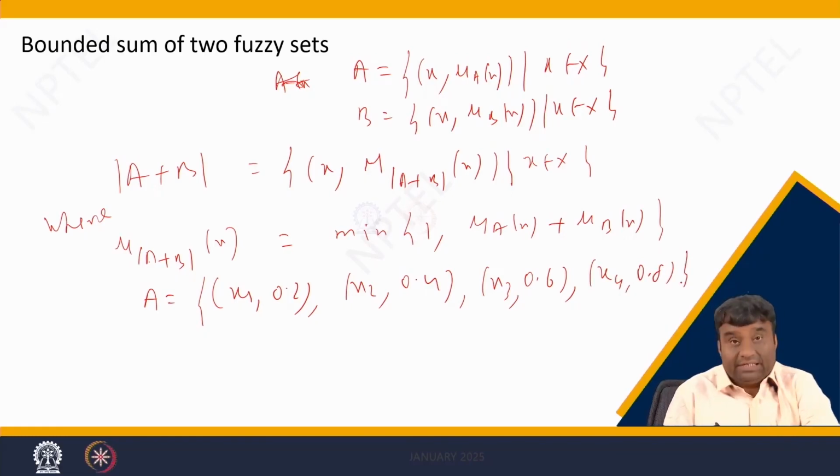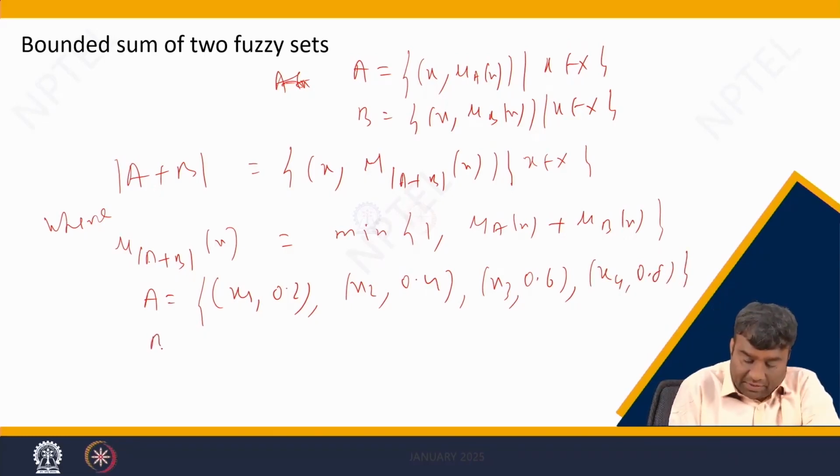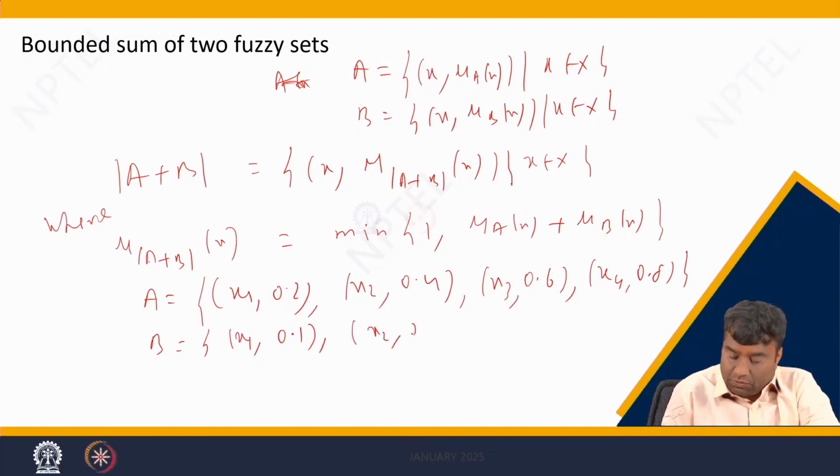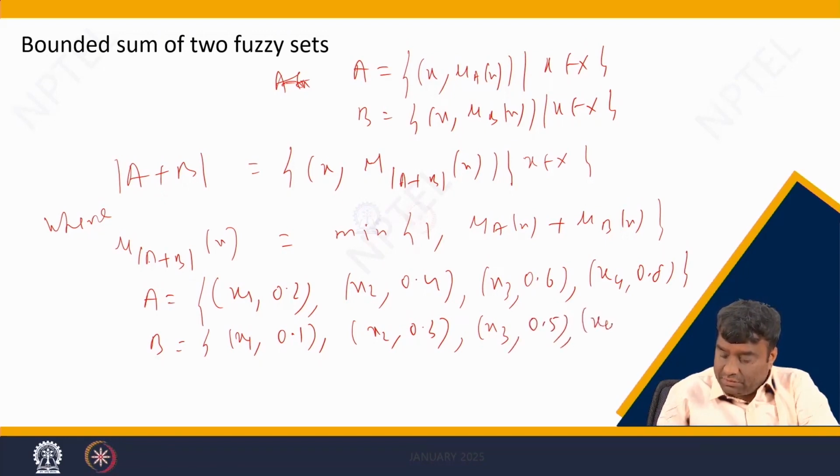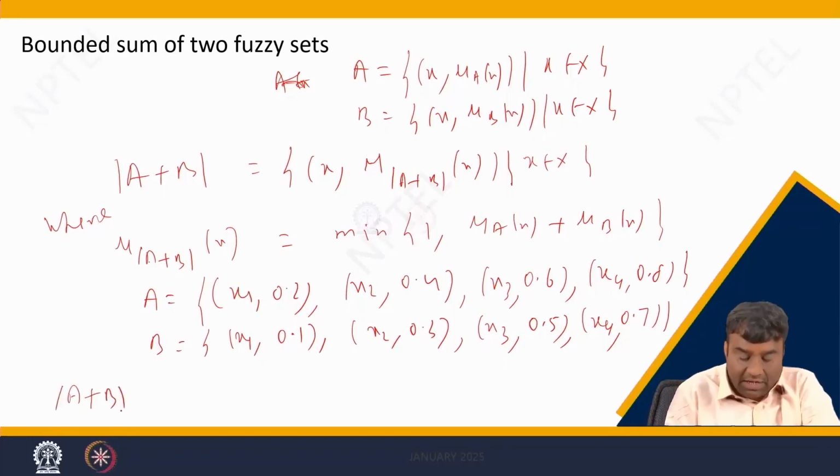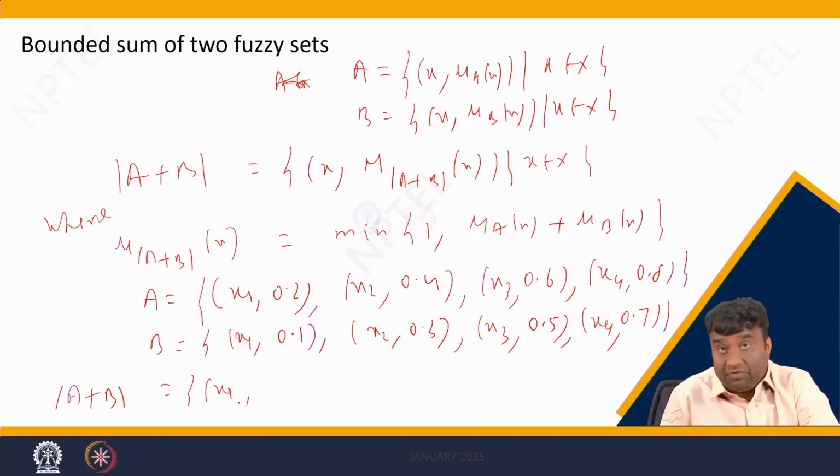For all the examples we take the same values of A and B. So B is x1 0.1, x2 0.3, x3 0.5, x4 0.7. Now the bounded sum. Here for x1, if we add, we will get 0.3, and the minimum value of 1 and 0.3 is 0.3. So that is 0.3.